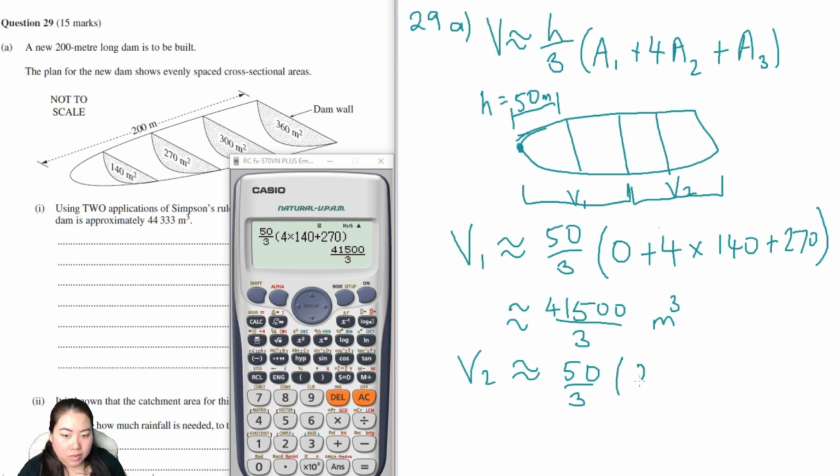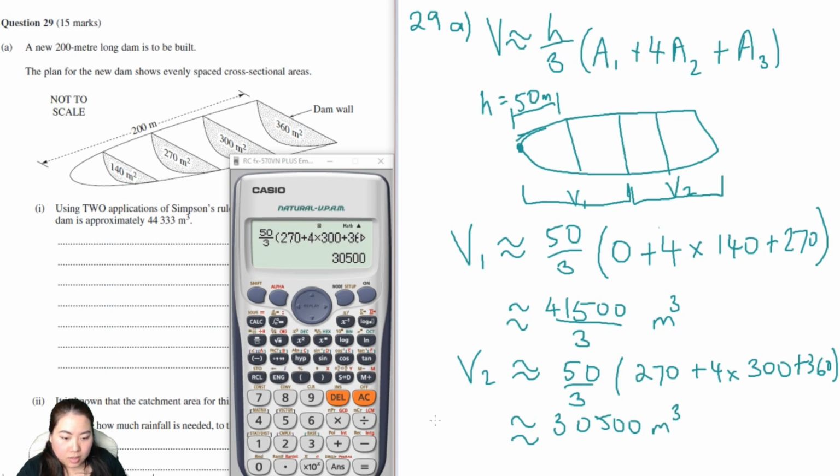The first one is going to be 270 plus 4 times 300 plus 360. Oops, ran out of room there. Let me just squeeze it in. That is going to be 30,500 cubic meters. Then we add them together.